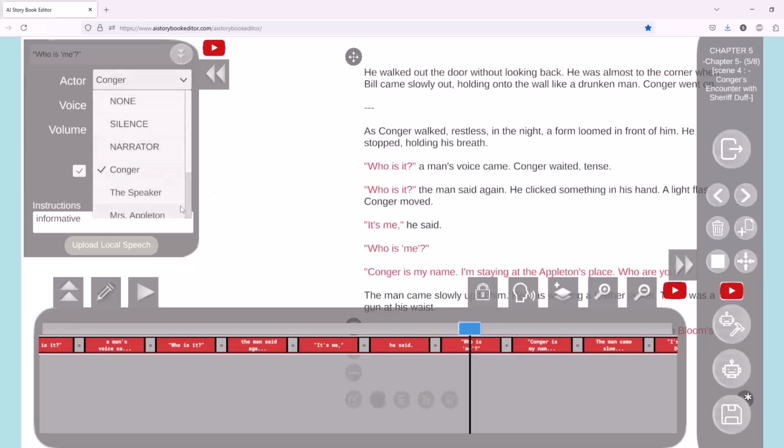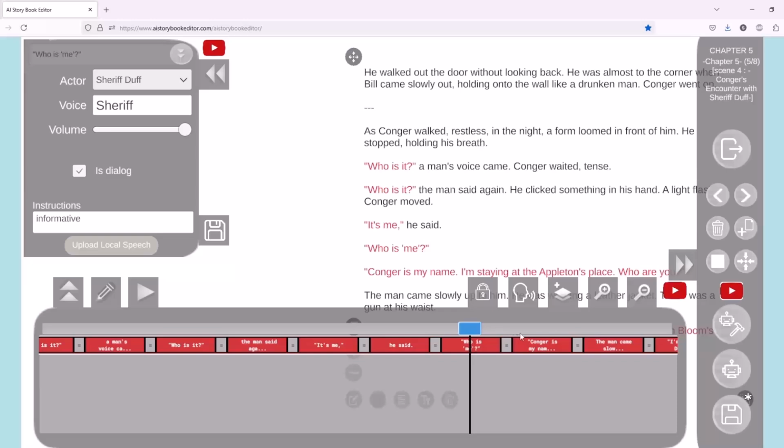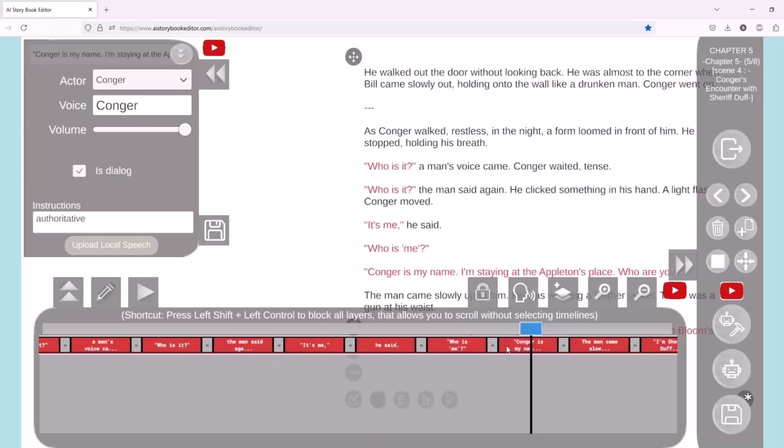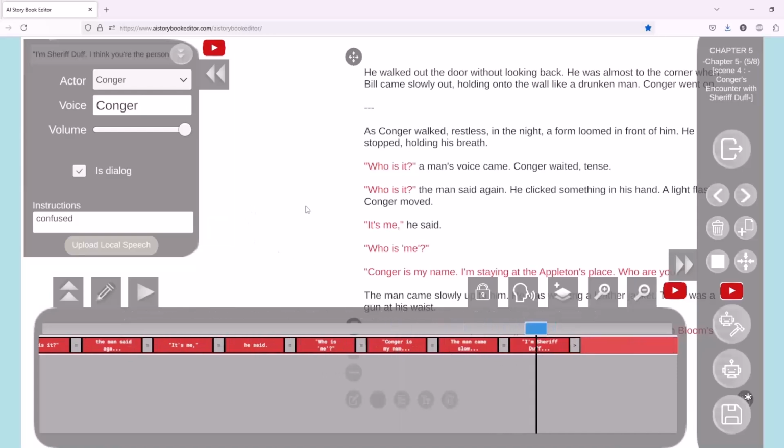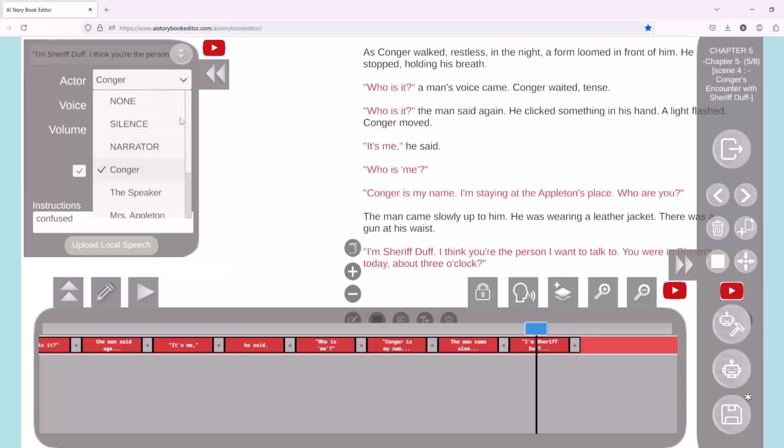This is the sheriff and Conger. And this is the sheriff.